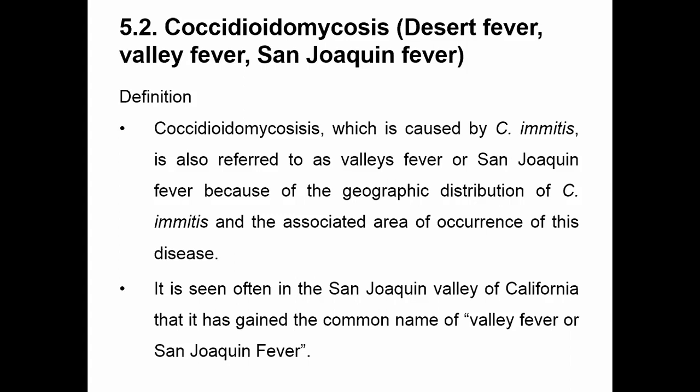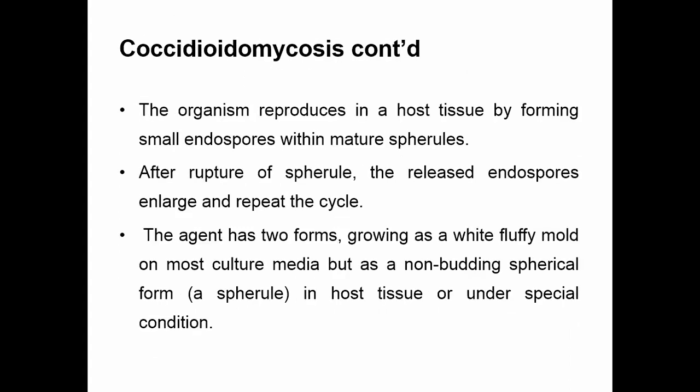It has been frequently associated with the California valley and a specific region called San Joaquin, so it gained the common name valley fever or San Joaquin fever. Now, what is the mode of infection and how does it spread in the body? As soon as the spores attach to the body, they enter the host tissues.